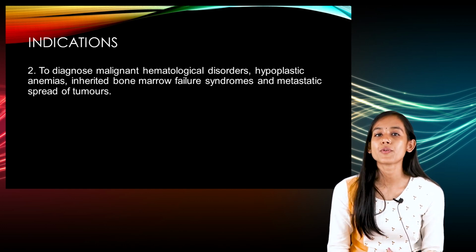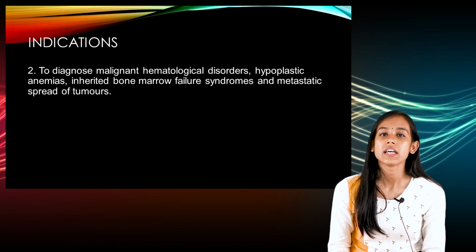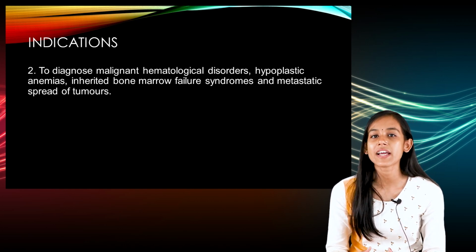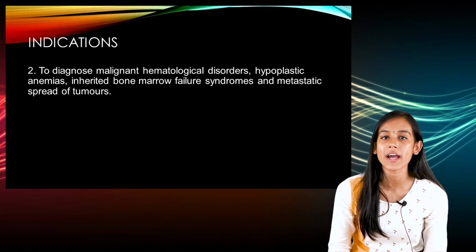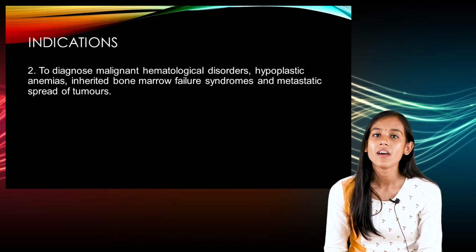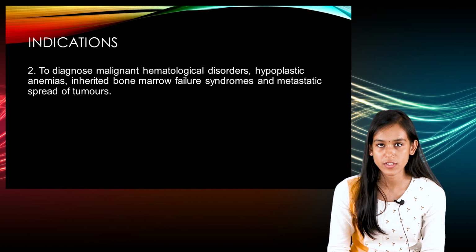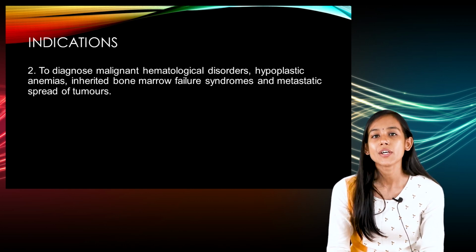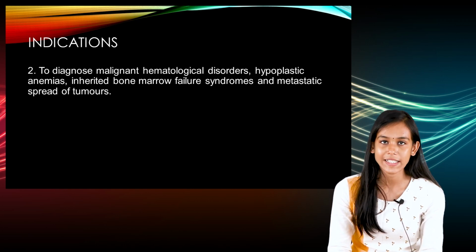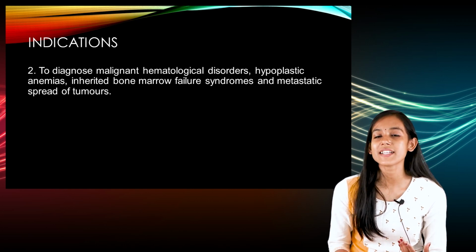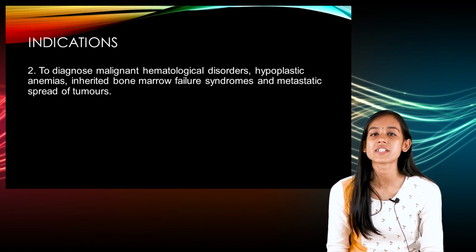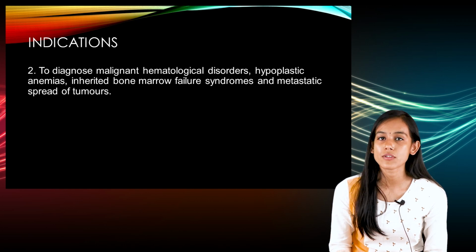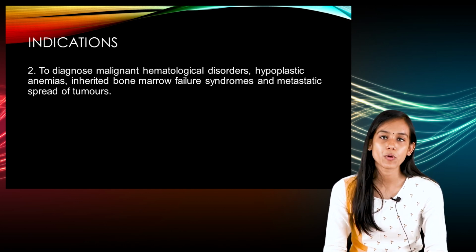For that also bone marrow aspiration can be performed. If there is any inherited bone marrow failure syndrome, through this procedure we can find out. And when there is metastatic spread of tumors, we can also perform bone marrow aspiration to find that out.